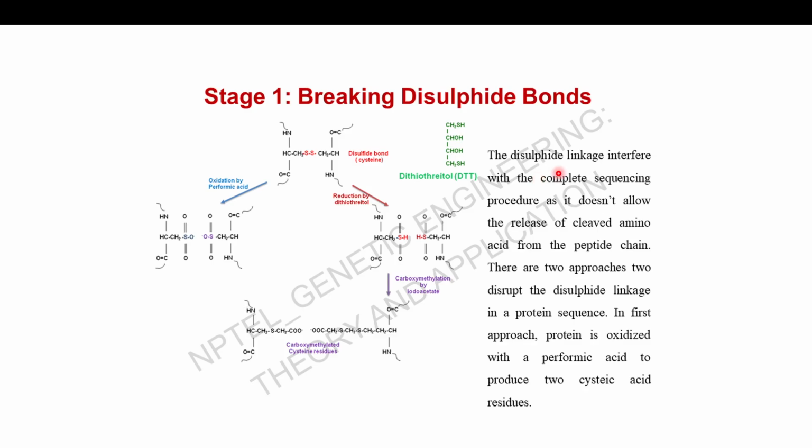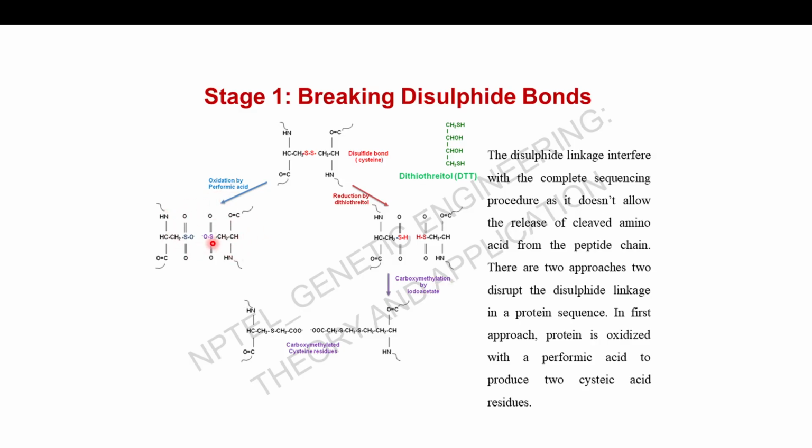Many proteins are linked by disulfide bonds, so this disulfide bond has to be broken. Otherwise it creates problems in the complete sequencing procedure, because cleaved amino acids are not released from the peptide chain. In the first approach, protein is oxidized with performic acid to produce two cysteic acid residues.